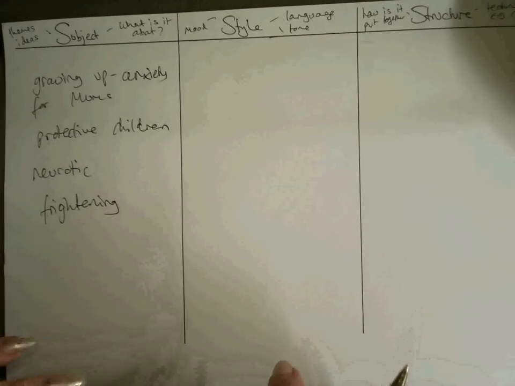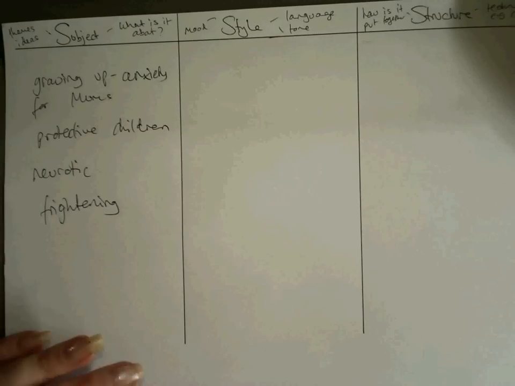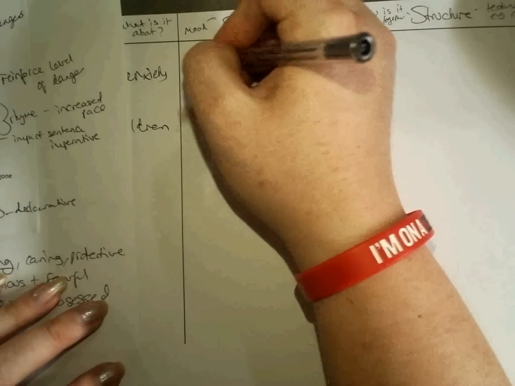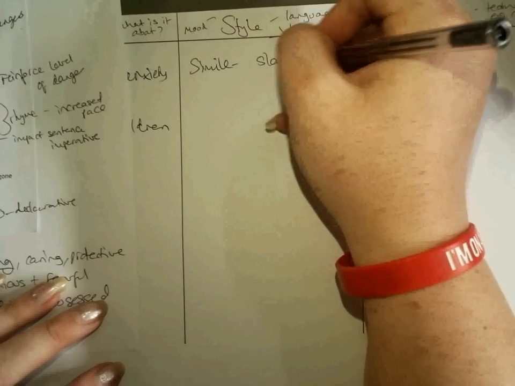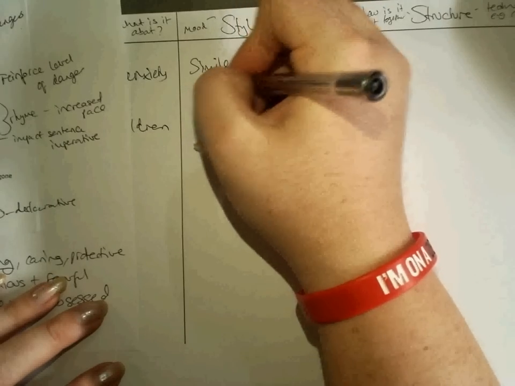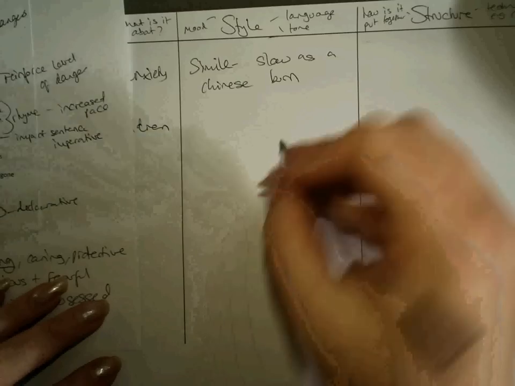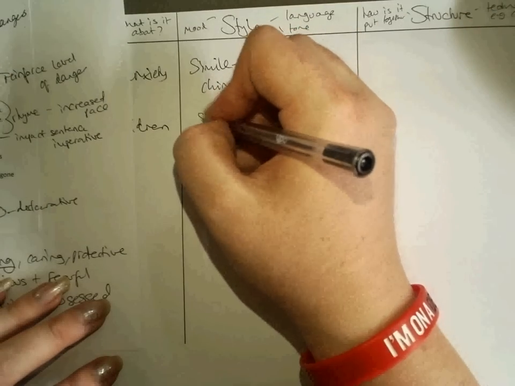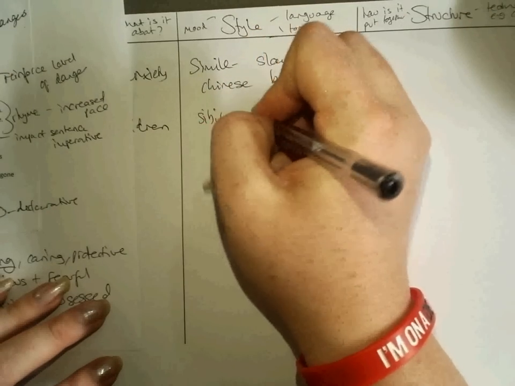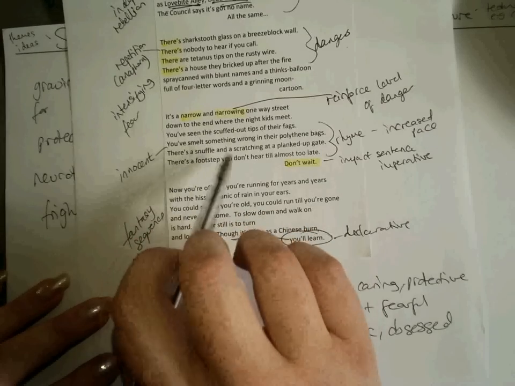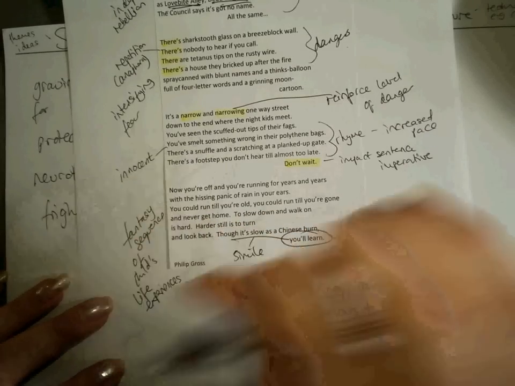In terms of style, well, what do we know that we've seen stylistically in this poem? Well, we know that we've got the simile, slow as a Chinese burn. And we've got some sibilance in this section here, the scuffed out tips of fags, smells, snuffle and scratching.